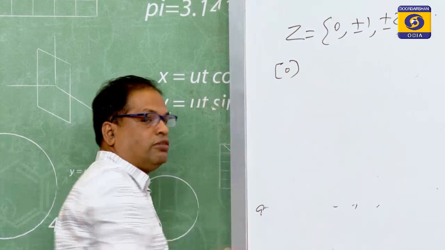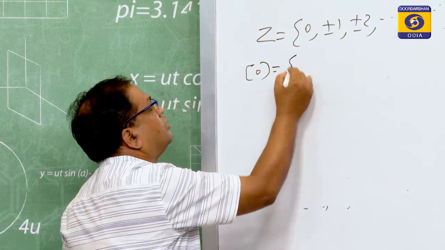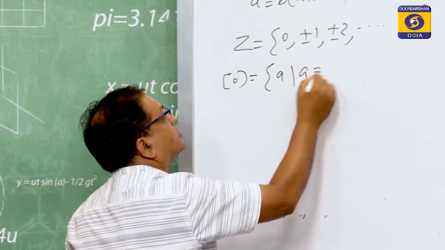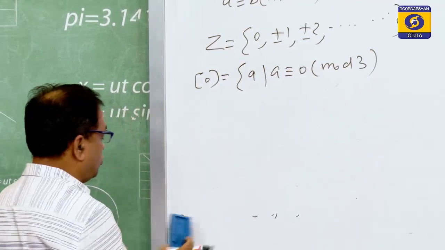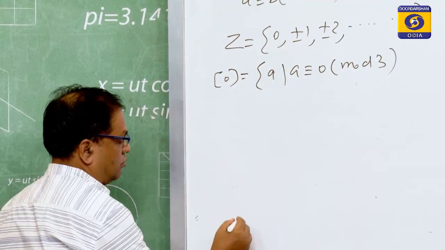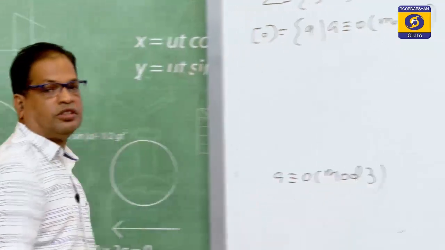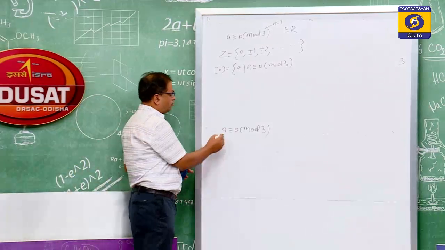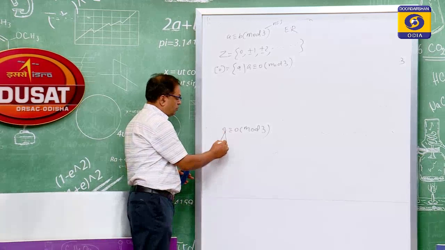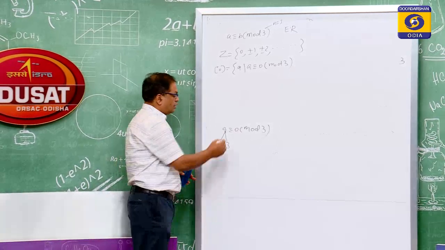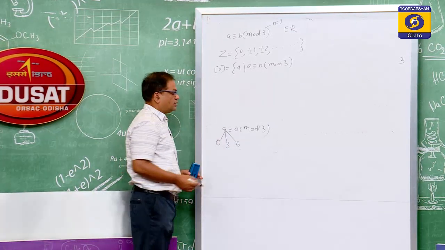You may think there are an infinite number of equivalence classes, but it is not that. We see that. So, what is the equivalence class of 0? The set of a such that a is congruent to 0 mod 3. So, what will be the value of a? The value of a may be 0, since 0 minus 0 is divisible by 3; a may be 3, since 3 minus 0 is divisible by 3; a may be 6, since 6 minus 0 is divisible by 3.